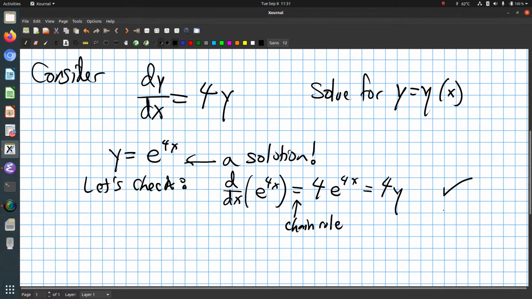Perfect. It checks out. Now, not every function is a solution, so for instance, y is equal to sine of 4x is not a solution.